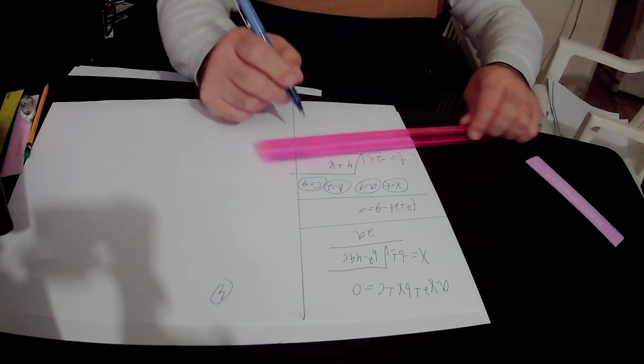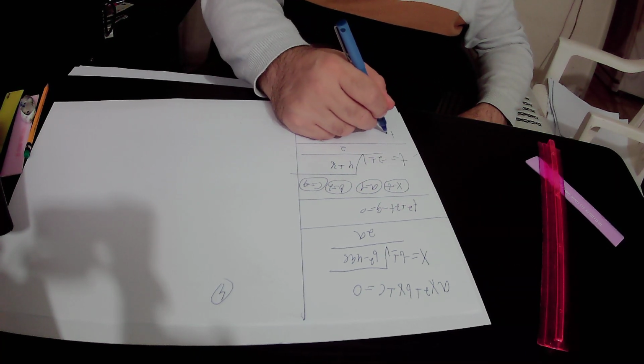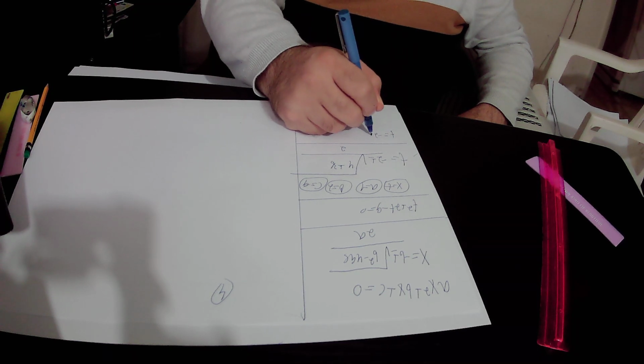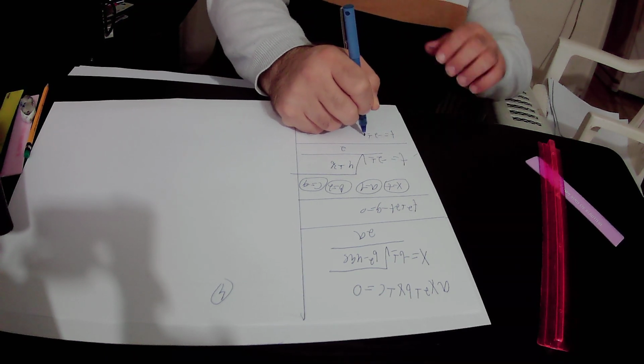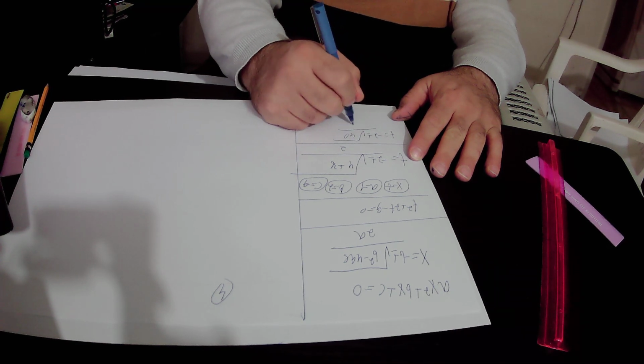And there 4 plus 36 is 40, so I write it down. We got that t equals minus 2 plus minus square root of 40 over 2.